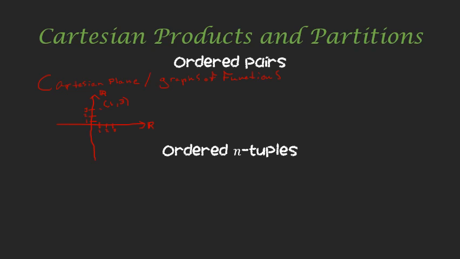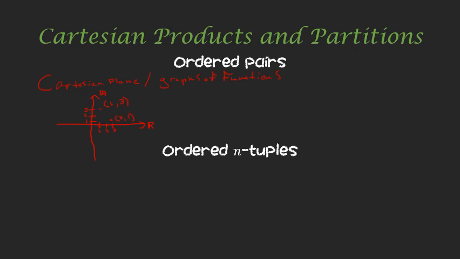Notice the difference here between sets. It's kind of like a set containing two elements, except there's an inherent ordered structure to it. Notice that the point (1, 3) is different from the point (3, 1). These two points are distinct from each other; they're in different locations of the plane, and they're not considered equal.